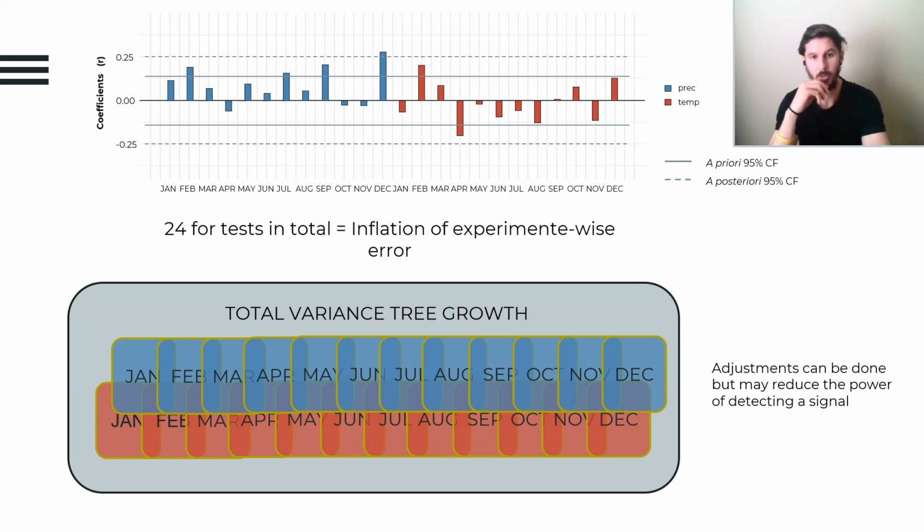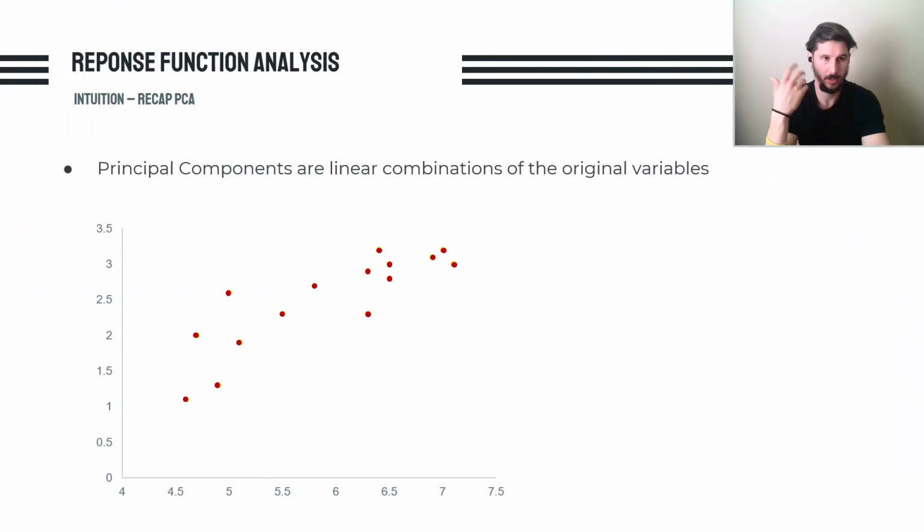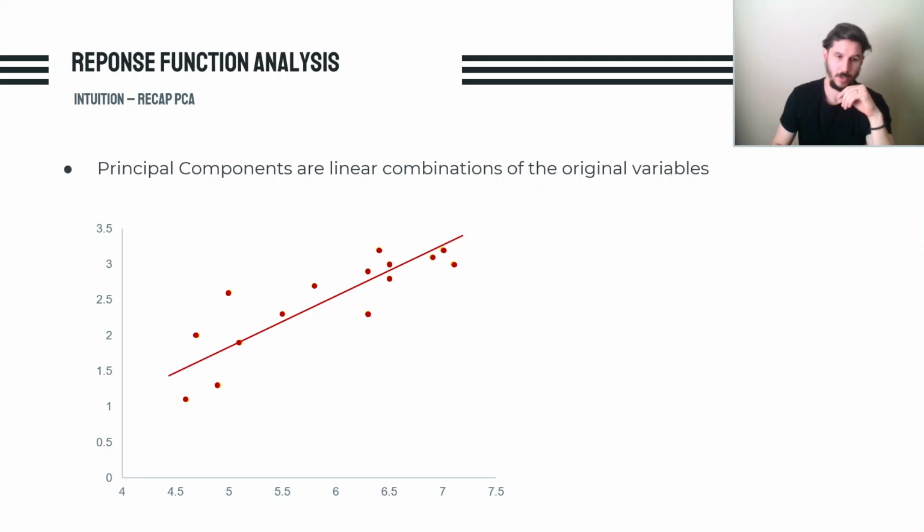So to really understand that structure and get some reliable statistics out of it, Fritz then thought about using the regression and principal components. So let's do a quick recap on what a principal component is, right? It's basically a linear combination of the original variables. So you will find a line of best fit, right?